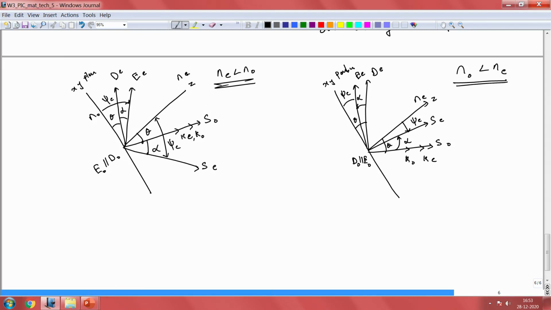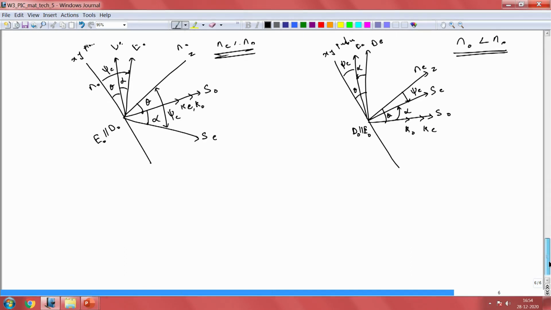So this gives us how our electric field is oriented with respect to the crystals that we talked about. Now one can actually find the walkoff.